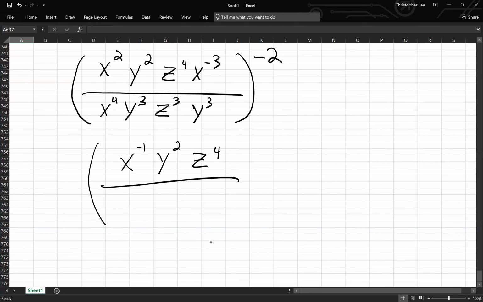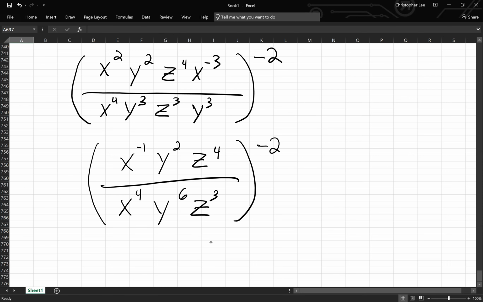Yeah. So now in the denominator, right? I have x to the 4, and this is gonna be y to the what power? So that's y to the 3rd times y to the 3rd is y to the what? 6, right? And then z to the 3rd right here.